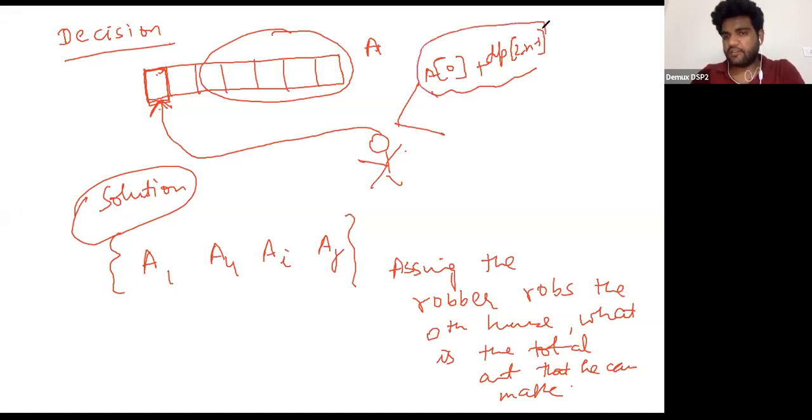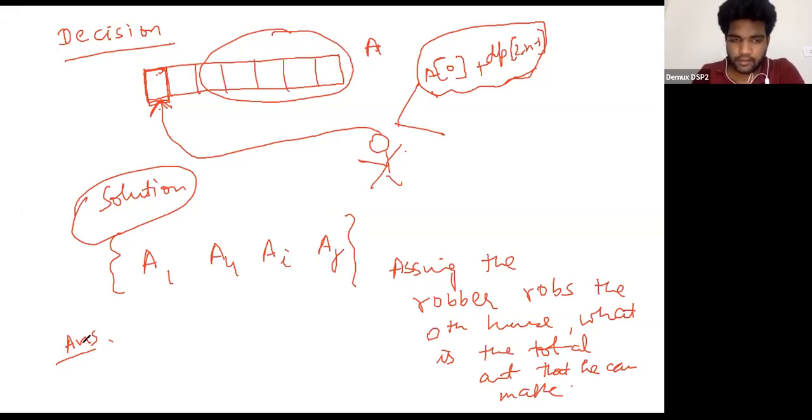Is this clear, first of all? Just the recurrence, that assuming that the robber robs the 0th house, what is the total amount of money that he can make? So if you understand this, then what is the actual answer? In the actual answer, the robber would have robbed at least one of the houses.